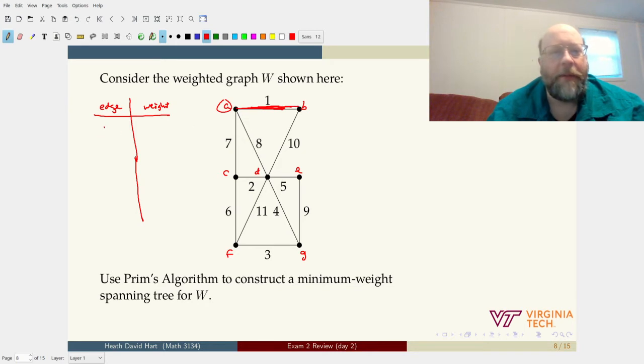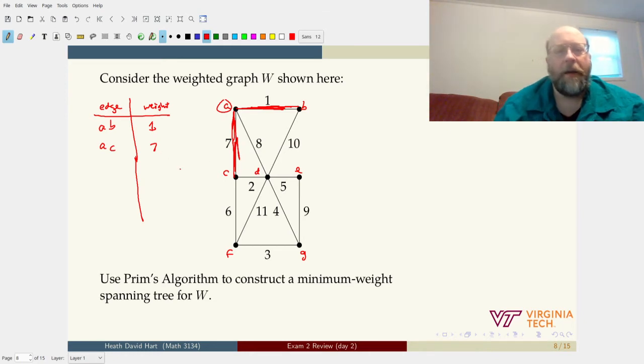So I'll add AB with weight 1. And now, coming out of either A or B, I have choices of 7, 8, and 10. 7 is the cheapest. So I'll add AC next. All right, now coming out of A or B or C, my cheapest edge is 2 from C to D.